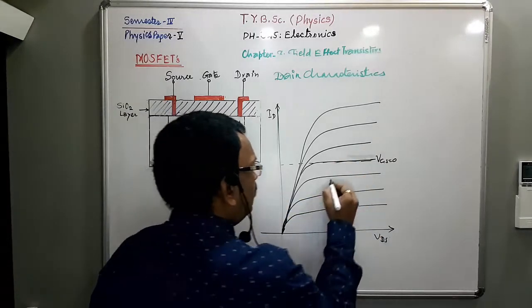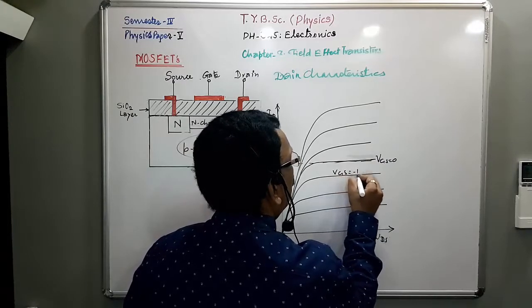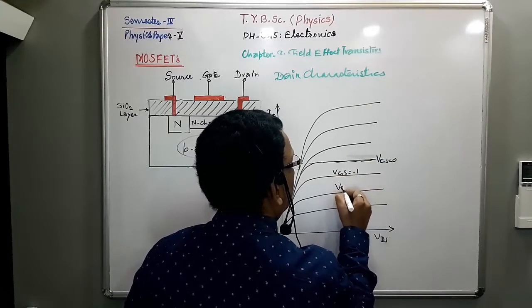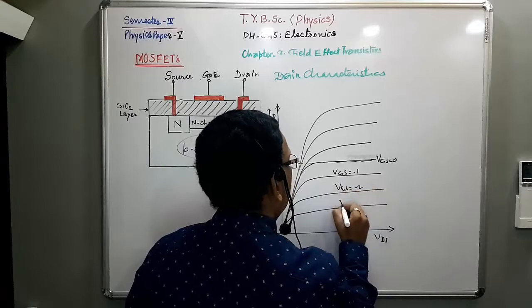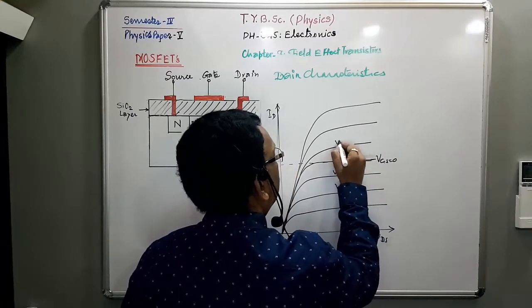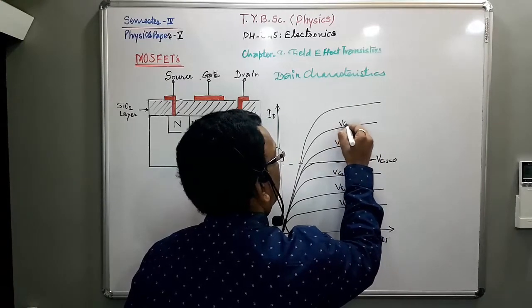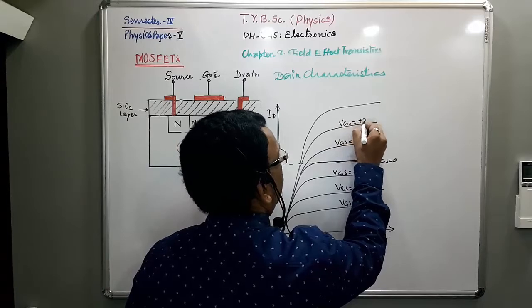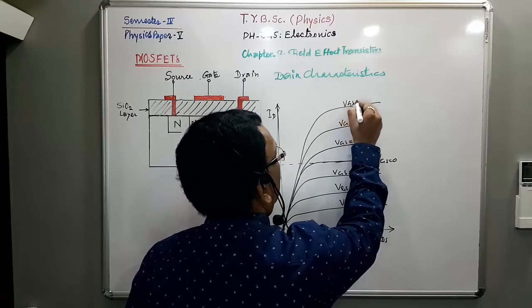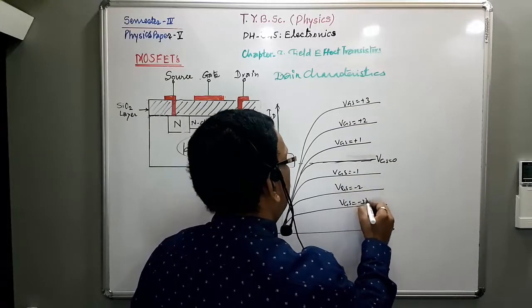Now, this is VGS equal to 0, this is VGS equal to -1, this curve is VGS equal to -2, VGS equal to -3, and this is VGS plus 1, VGS equal to +2, and VGS equal to +3 volt. Okay, unit is volt.